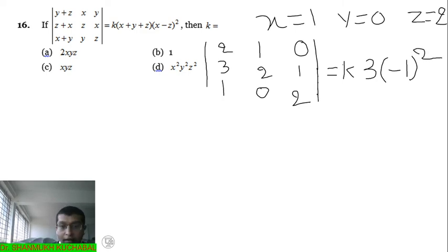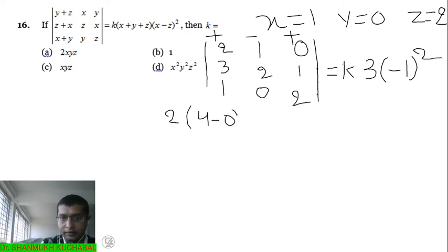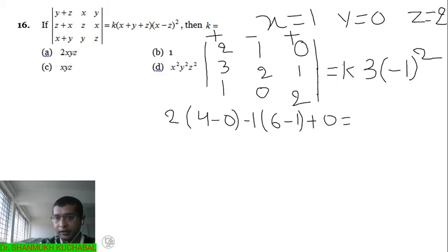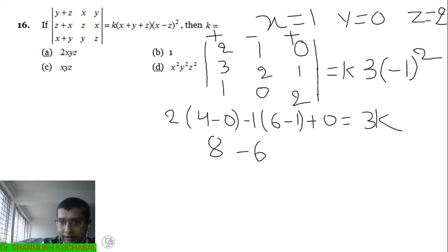Okay, then we need to simplify, we need to expand this, plus minus plus, plus 2 outside, it is 4 minus 0, minus 1 outside, 3 to the 6 minus 1, and then plus 0, no need to expand, it is 3k. Then 4 to the 8 minus 6 equal to 3k.